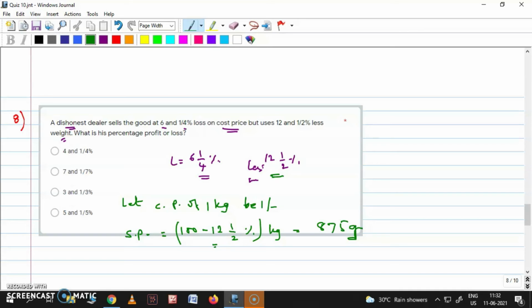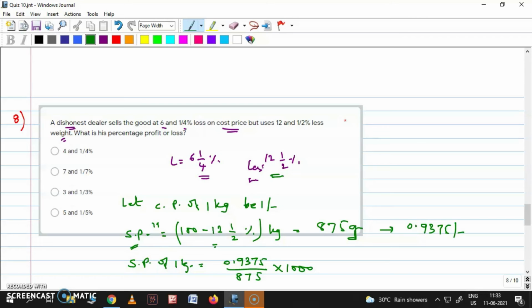So similarly, what is the price of it? The price of it is 0.9375 rupees. Now we need to find the selling price of 1 kg goods, which is equal to 0.9375 rupees divided by 875 into 1000.